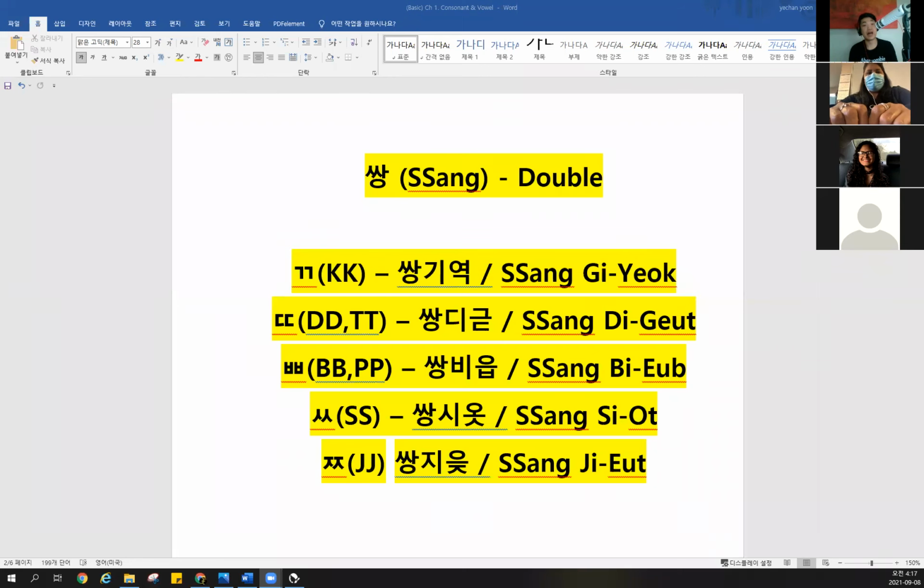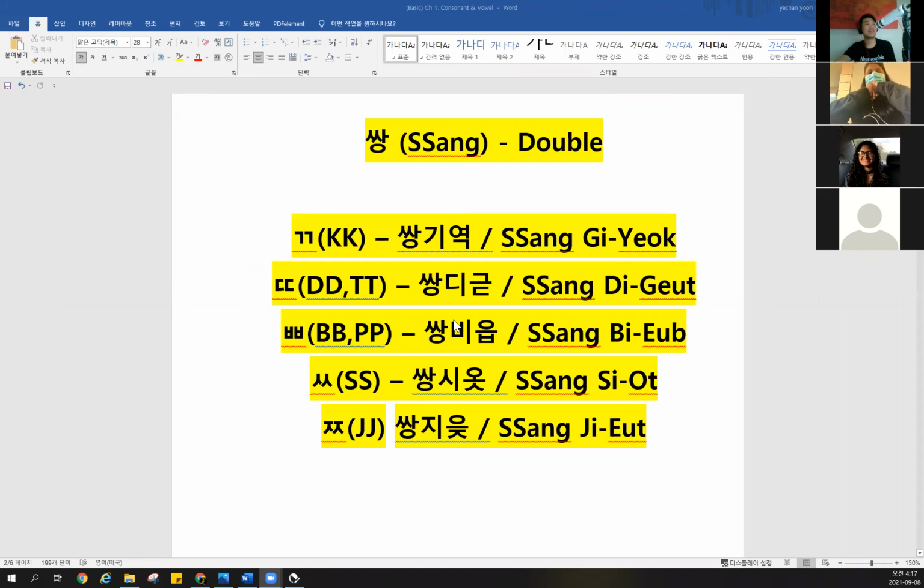Also it can be appa as well. Appa means father. So oppa is the older brother. Appa is the father. So please don't get confused, okay? Please don't say appa to your older brother. They're going to say, I'm not your appa, I'm your oppa. Okay, so please make sure not to get confused.